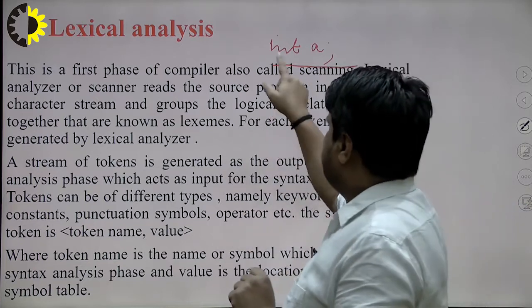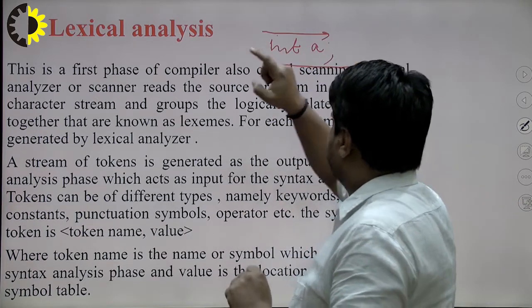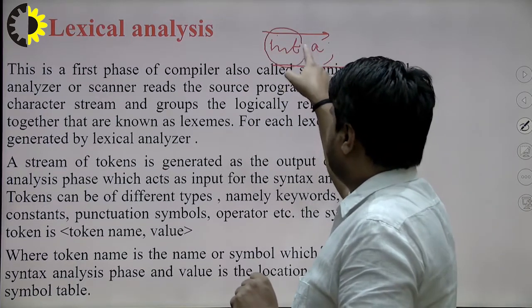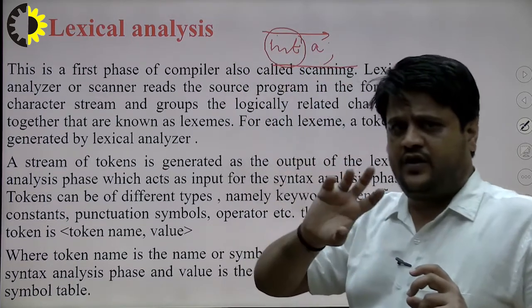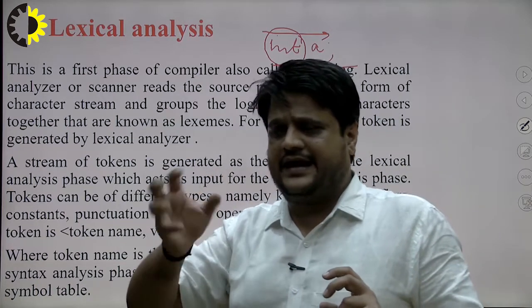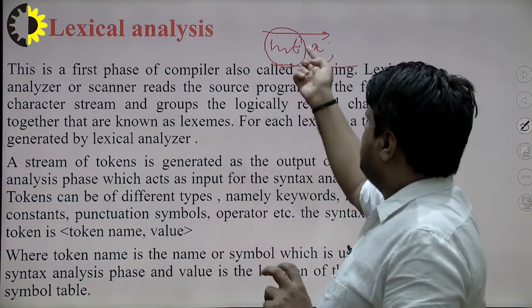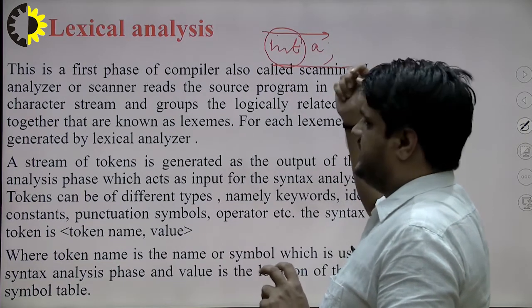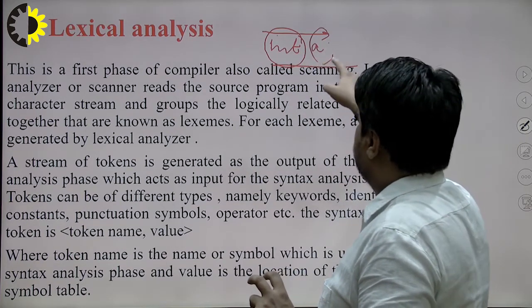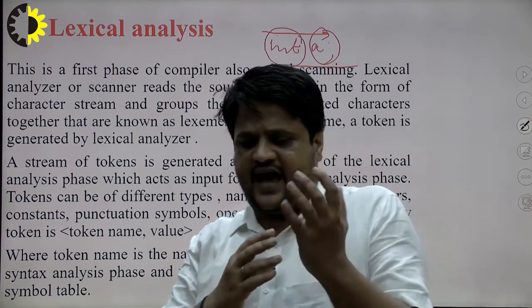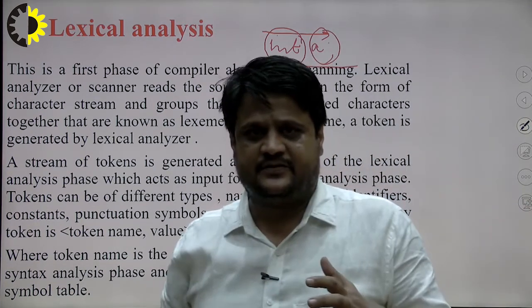The lexical analyzer scans this particular character stream one by one and groups the character stream into meaningful or logically related characters. So int is logically related characters, and a is another. How can it identify whether they are logically related characters?